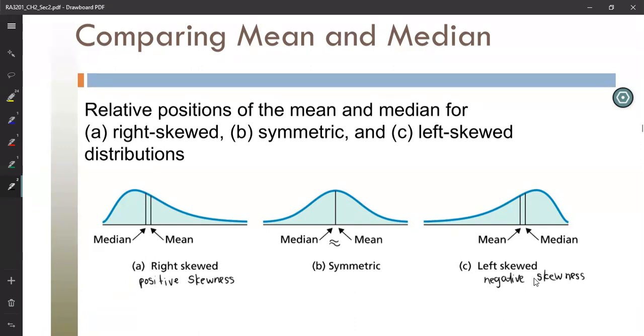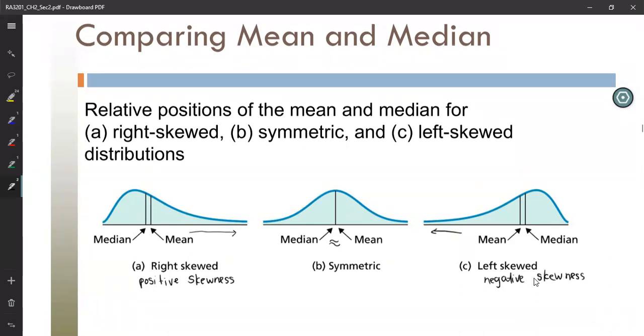Now, how do you understand this? Mean always goes toward the longer tail. The longer tail is the right tail, so the mean is to the right compared to the median. In left skewed, the longer tail is the left tail, so the mean goes to the left. So remember that: mean always goes toward the longer tail. If you can remember that, you know where to place the mean and median in right and left skewed data.